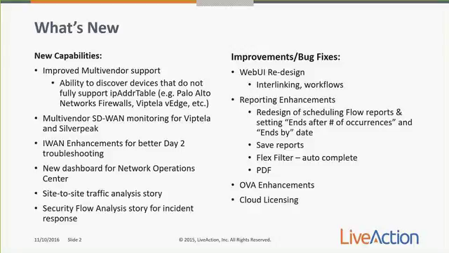And that's a site-to-site traffic analysis story, as well as a security flow analysis story. We have many improvements as well and bug fixes, a lot of enhancements to our web UI, reporting enhancements as well. We're going to get into that later in the presentation. OVA enhancements, and also introducing a brand new cloud licensing option that really simplifies the licensing for our end users.